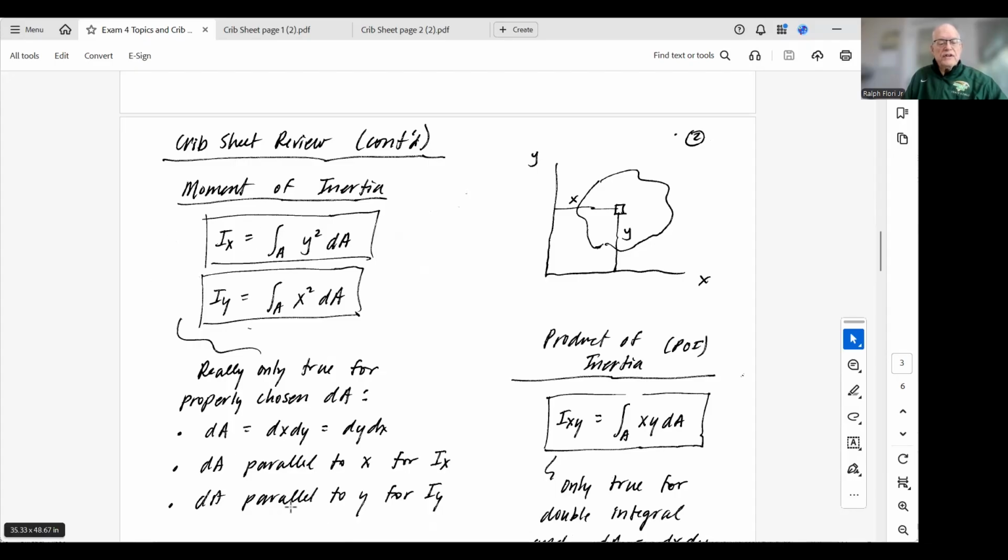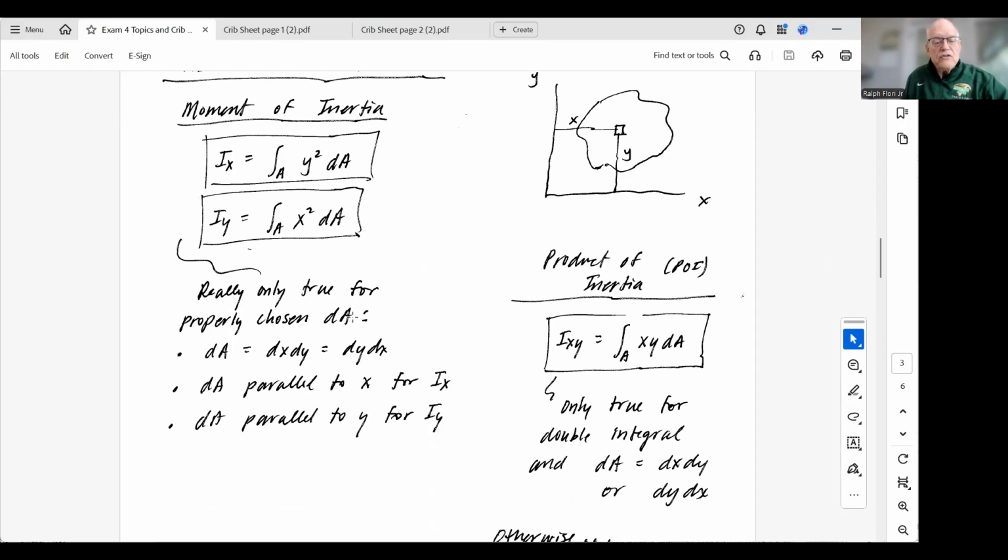And these are true for a dA parallel to the y-axis, for Iy, where the entire element is a distance x from the y-axis. These are not true for other dAs, for example, a dA that's perpendicular to the x-axis or one that's perpendicular to the y-axis. So you just need to understand how to apply these formulas and how to choose the correct dA.